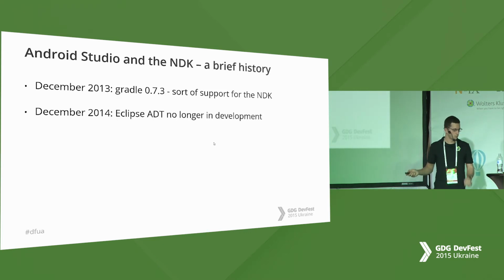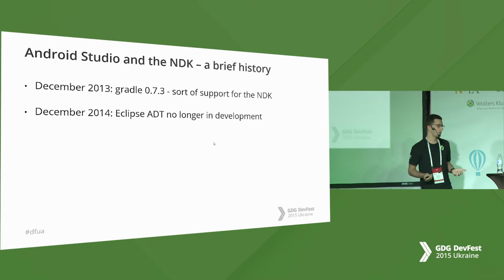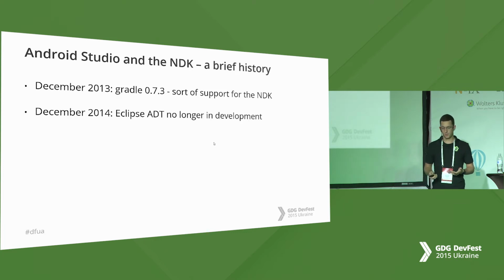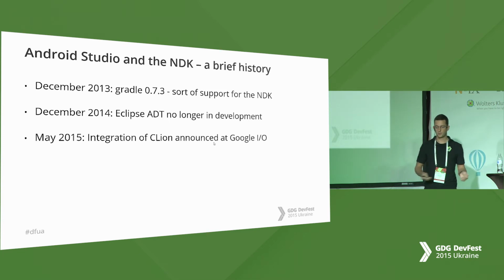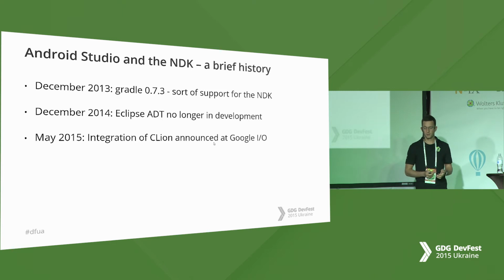But yeah, first. In December 2014, Eclipse ADT, which was supporting the NDK as well as Android development, was no longer in development. So there was no official IDE if you really wanted to use the NDK. And in May 2015, at the last Google I/O, they finally announced full C and C++ support inside Android Studio. As soon as they announced it, of course, I wanted to try it.